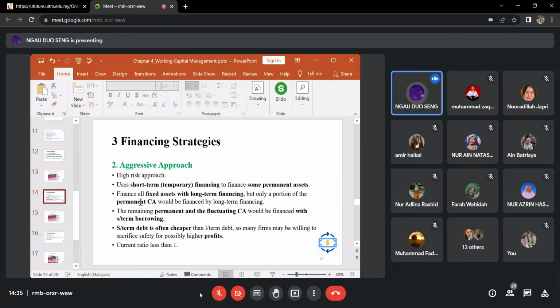The remaining permanent and the fluctuating current asset will be financed with short-term borrowing. Short-term debt is often cheaper than long-term debt. So many firms may be willing to sacrifice safety for possibly high profit. The current ratio is less than 1. Less than 1 means your liabilities are higher than your asset.